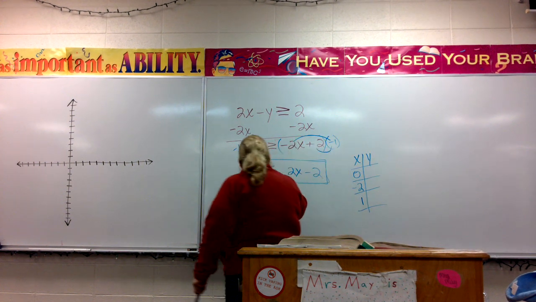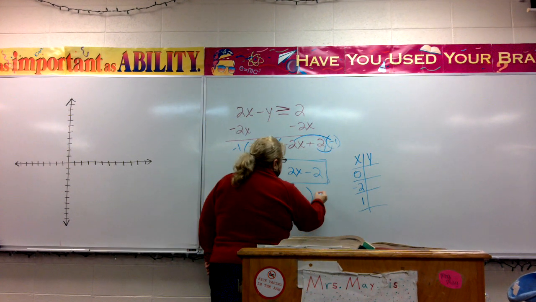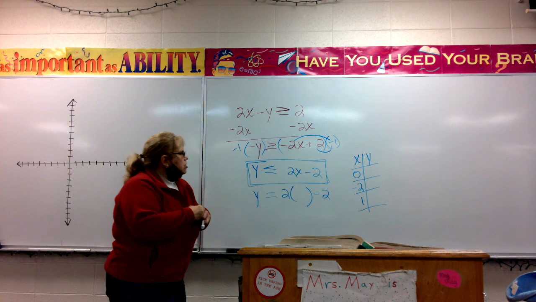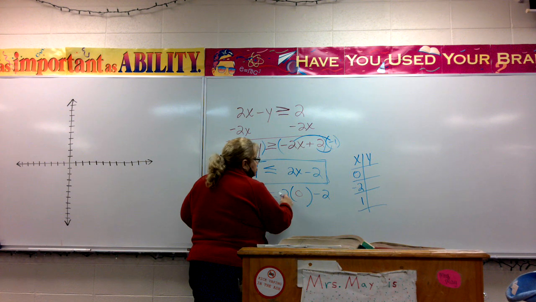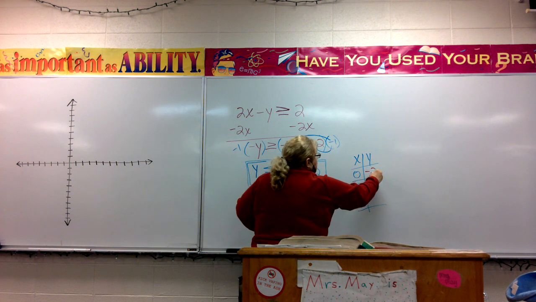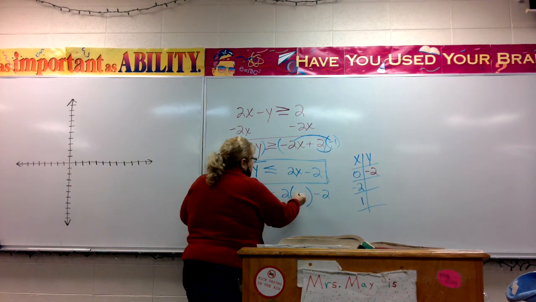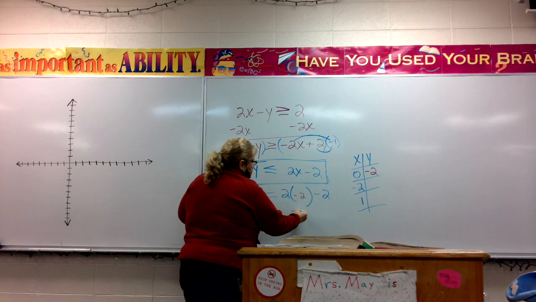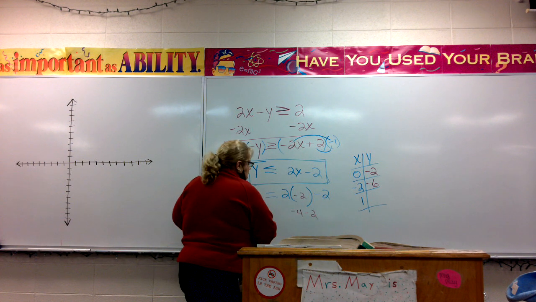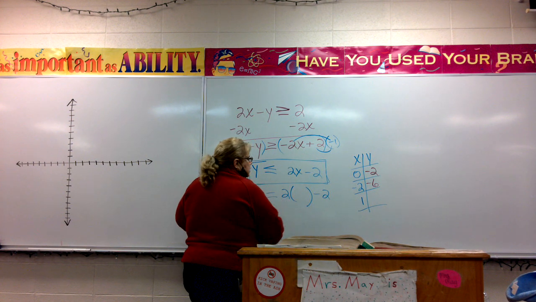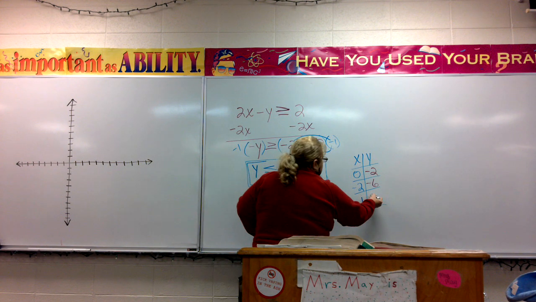And we're going to pretend this is y equals 2x take away 2. So if I put a 0 in there, this is going to be 0 take away 2, negative 2. Oh boy, negative 2. That's going to be negative 4 minus 2. And then if I put a 1 in there, 2 minus 2, 0.